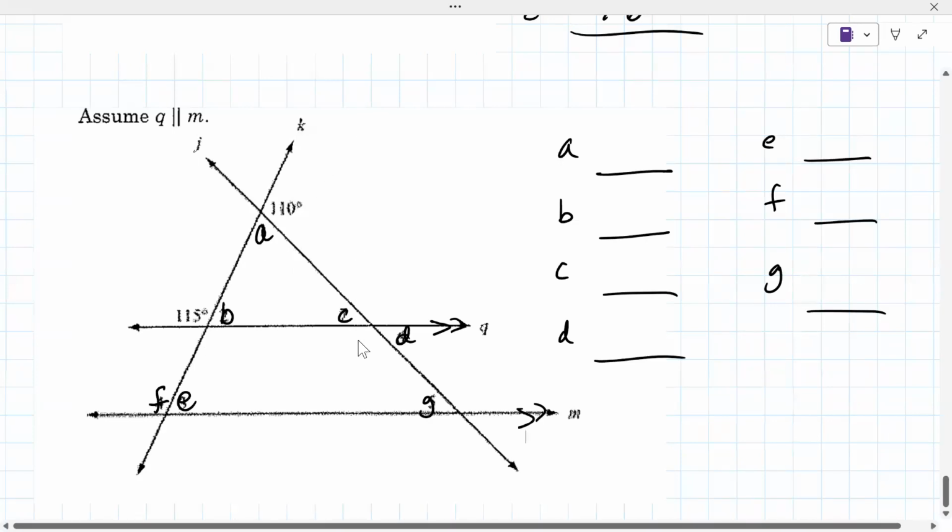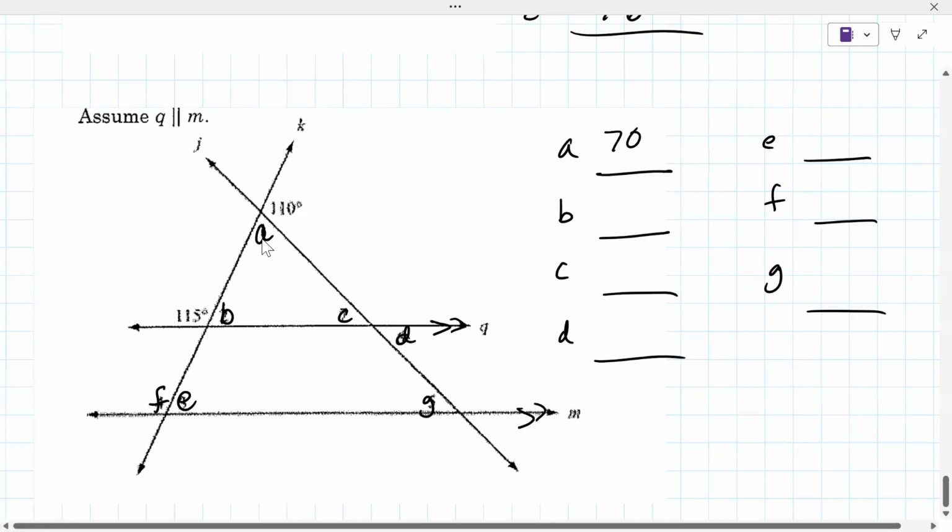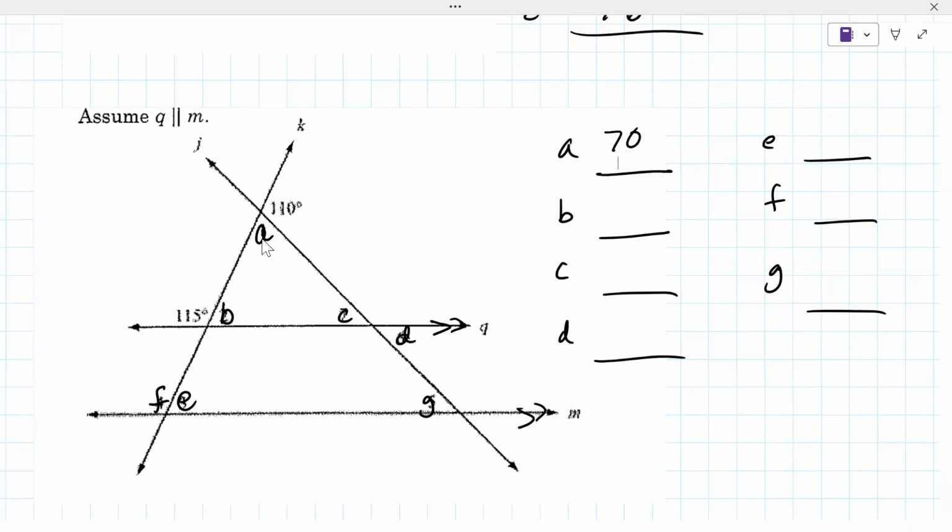It's not an isosceles triangle either, there's no markings to indicate that. So if it's linear, that's 180. 180 minus 110 is 70. B and 115 also make a linear pair, and then you can use the triangle sum to find the angle C. And then from there you can go to get some of the rest.